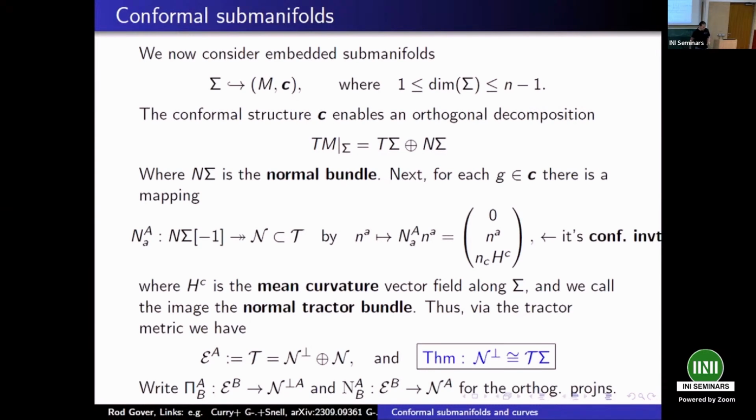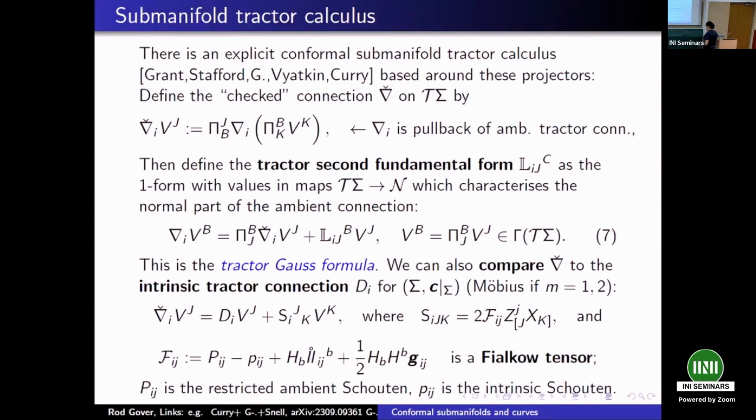Now, everything is conformally invariant, and so you can start to mimic in a conformally invariant way what you would do with ordinary submanifold theory and Riemannian geometry. This is based on work over a number of years with my students, and most recently Sean Curry.